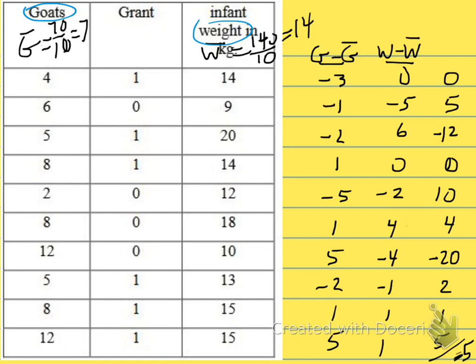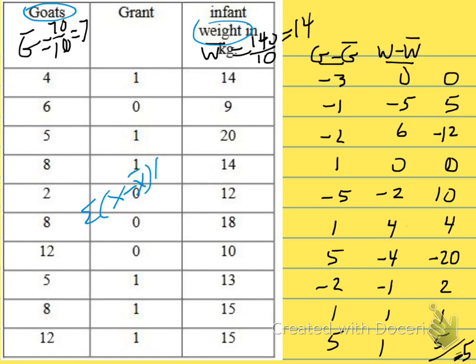Is it the case that the more goats a family has, the greater the weight of the child, or is it the case that the more goats a family has, the lower the weight of the infant child in the family?